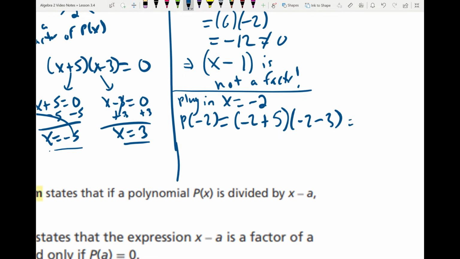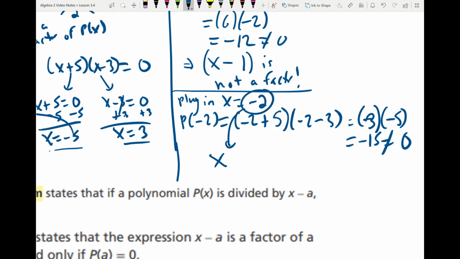And then we get positive 3 times negative 5, which is negative 15, which is not 0. That means that, if I convert that, the opposite sign, x plus 2 is not a factor.